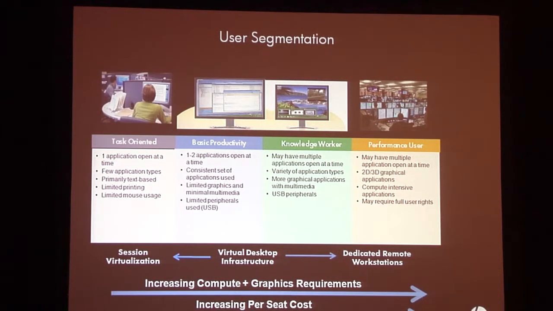Basic productivity folks were the next level up, and for years, those were the 2 groups that were most often associated with VDI. Once we got past that a little bit further, the knowledge workers, well, they weren't really satisfied with the performance. And they also impacted the scalability of our server infrastructure. So they were sort of left alone. And then finally, the performance users, people who were not going to compromise on their desktop experience.